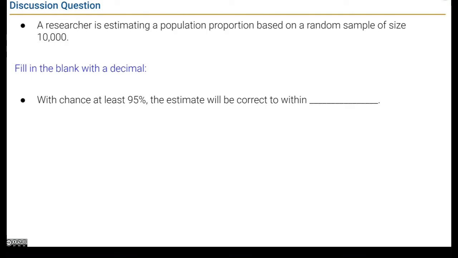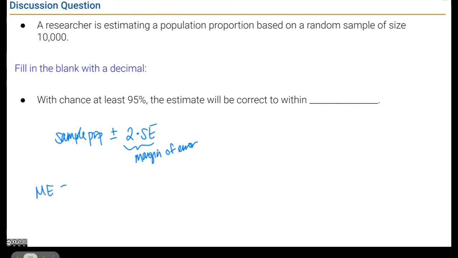All right, for a 95% confidence interval, again, let's think of what our margin of error is. Normally we'd have our sample proportion plus or minus, and for a 95%, I'm going to have 2 times the standard error. This is my margin of error, so this is what I'm trying to see how small it is.